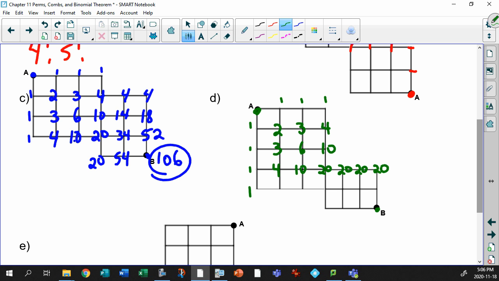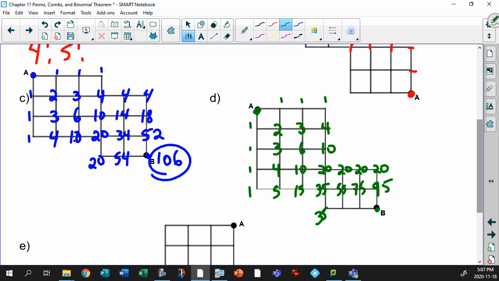Very important to remember that, okay? That you have all those extra 20s sitting there because there's no other pathways. Okay, 1 and 4 is 5, 5 and 10 is 15, 15 and 20 is 35, and guess what? That makes this 35 now because there's no other pathway. 35 and 20 makes 55 here, 55 and 20 makes 75 here, 75 and 20 makes 95 there.